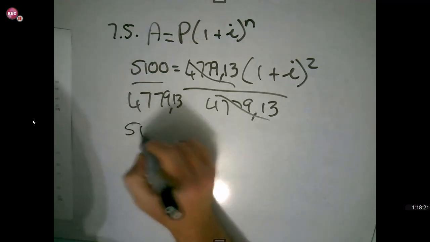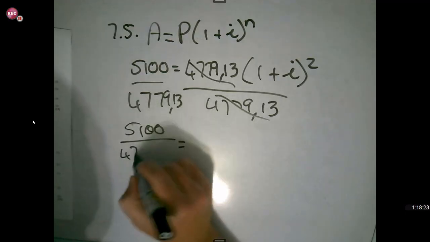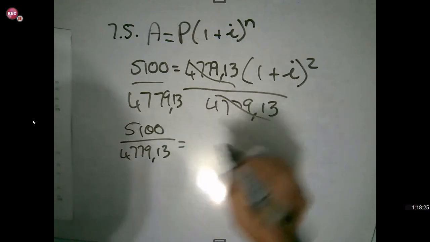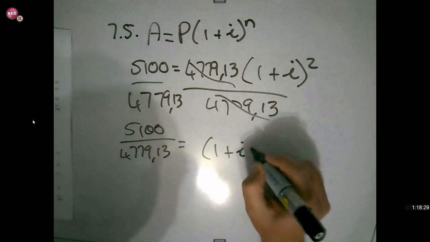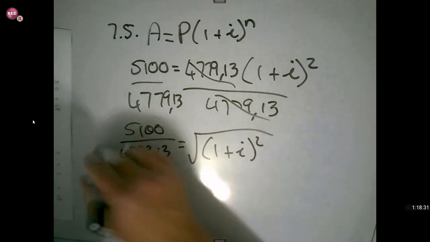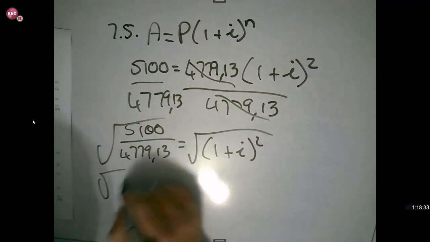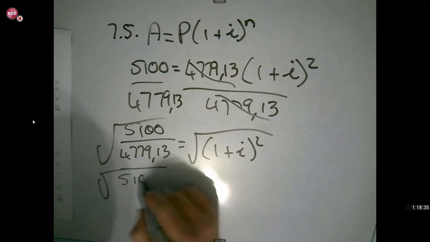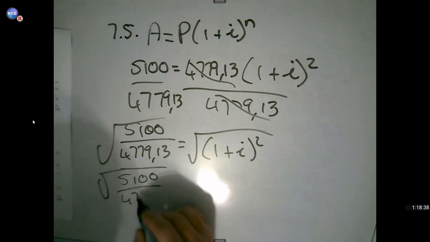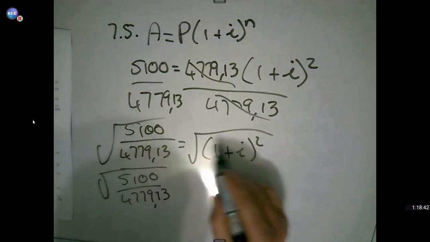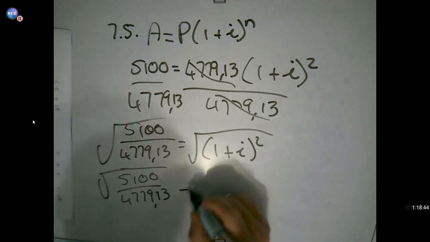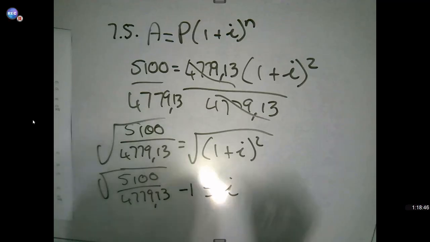You'll leave the 5,100 over the 4,779.13. We'll then have the bracket of 1 plus i there. You'll square root both sides. Once we square root both sides, you get it like this. And then the 1 over here will carry over. And then you'll have i on this side.